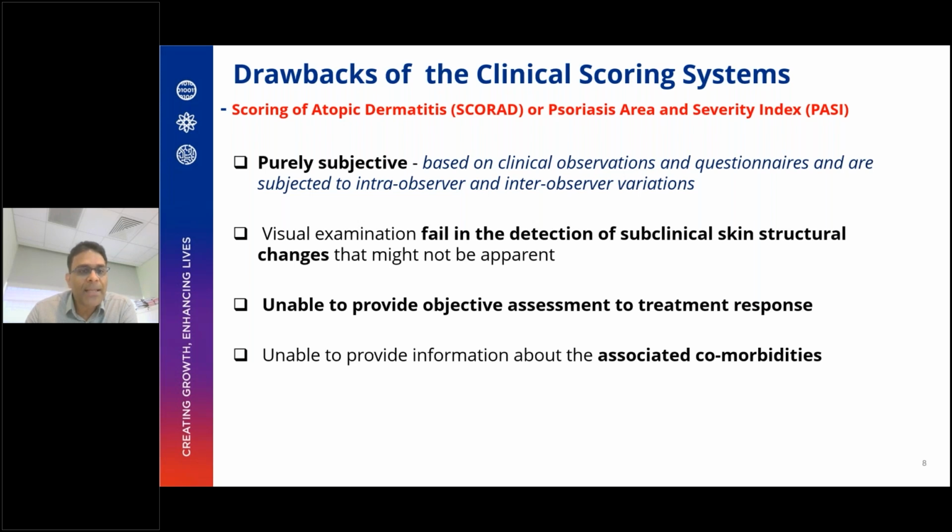Since it's subjective, it fails to give quantitative information about the treatment response. It also fails to quantify and monitor the detection of subclinical skin structural features, and it fails to give information about associated comorbidities.